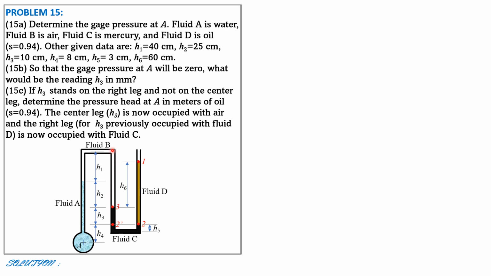This is occupied with air, so the pressure is the same anywhere. Therefore, this is 3 prime, with the same pressure as 3. Then going directly to point A. So for part A, we sum up pressure from 1 along the legs, then down to A.